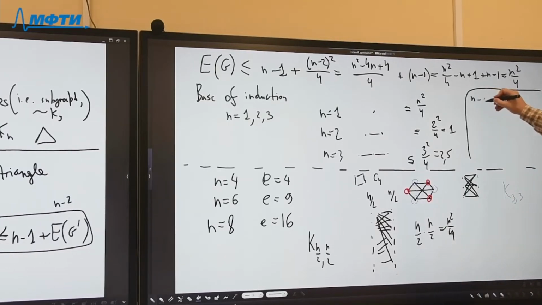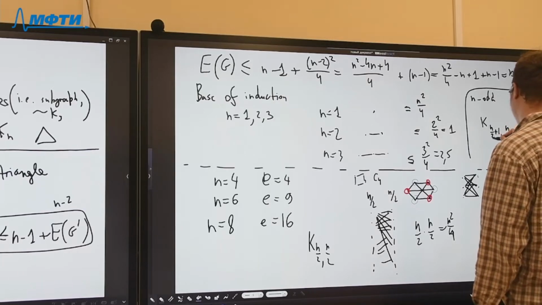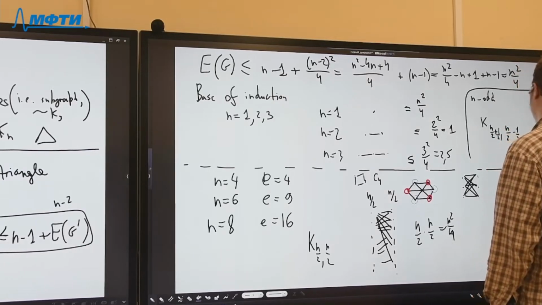And if n is odd, then we need to take one part of size n plus 1 over 2 and the second part of size n minus 1 over 2, something like this.